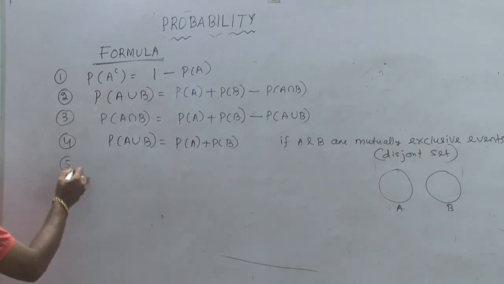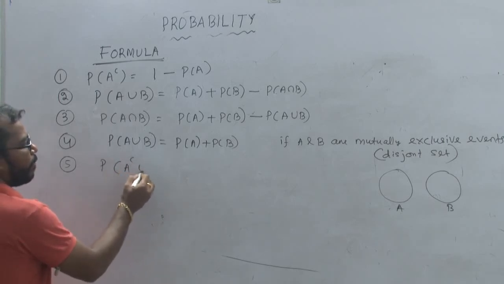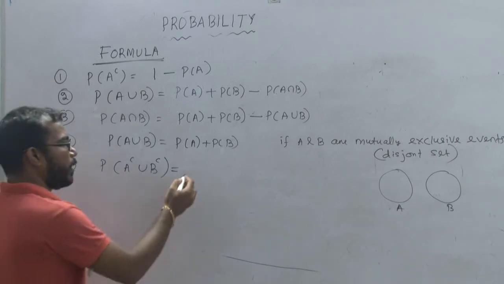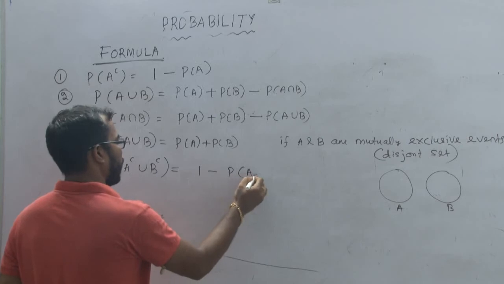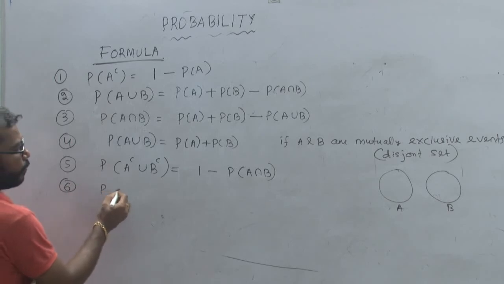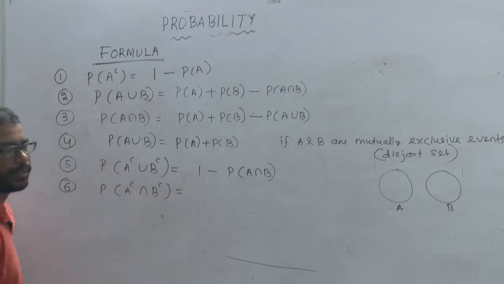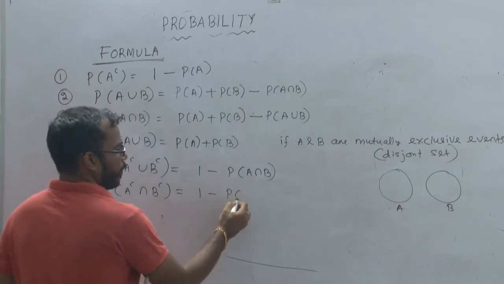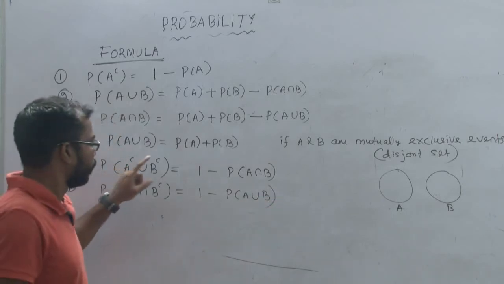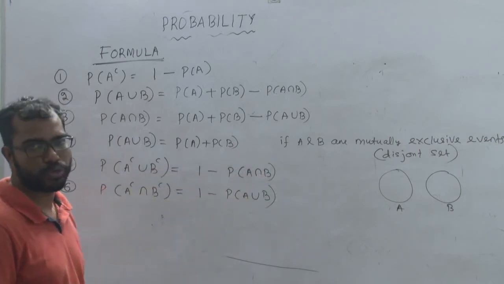Next, proceed to formula number 5, that is the probability of the complement of A union the complement of B, which you can write as 1 minus the probability of A intersection B. And another formula, the probability of the complement of A intersection the complement of B, is equal to 1 minus the probability of A union B, because these two formulas are known as De Morgan's law.